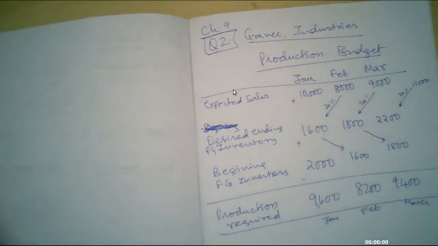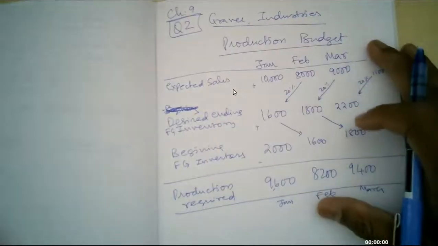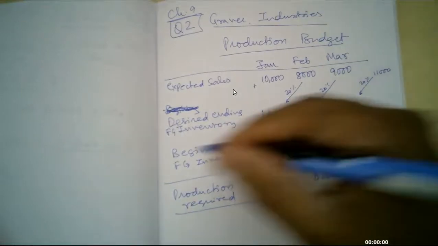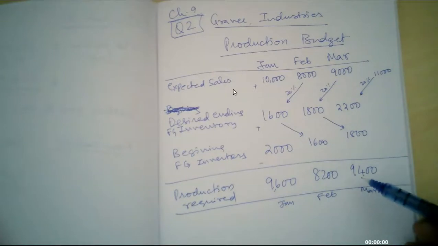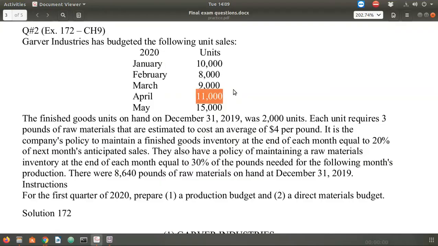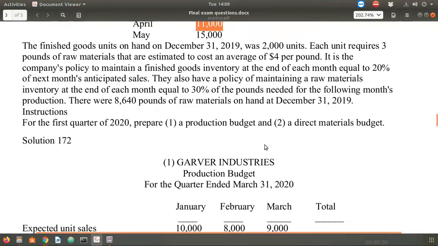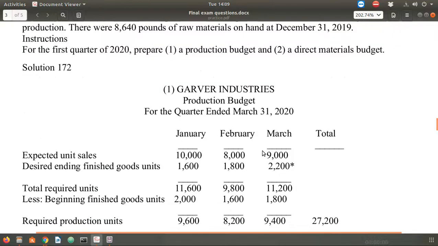So this completes the production budget. The production budget looks like this. The first line will be expected sales. From expected sales, you are calculating the required production. Let's verify our answers. Yes, the answers are matching.